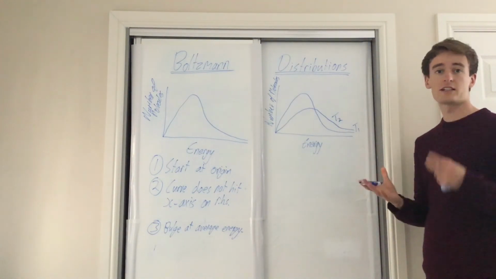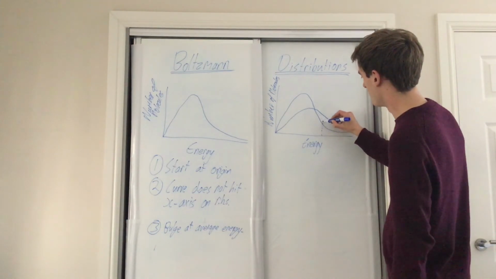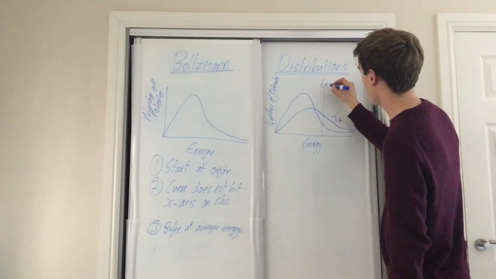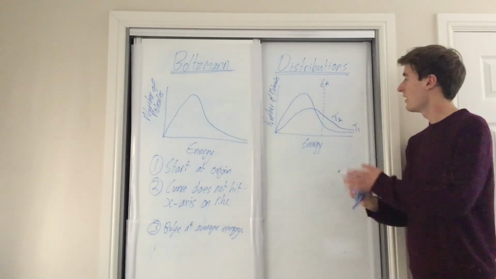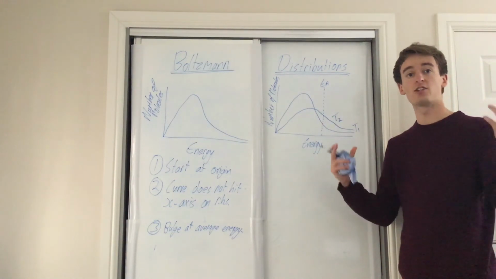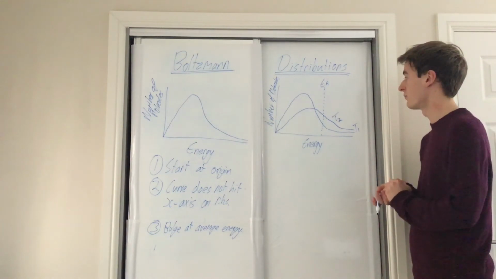Now, if I draw an activation energy on this curve, so if I say at this point, call that EA, activation energy, at this point, everything from the right hand side has sufficient energy in a collision to overcome the activation energy and form products.